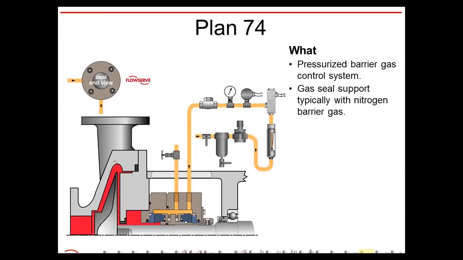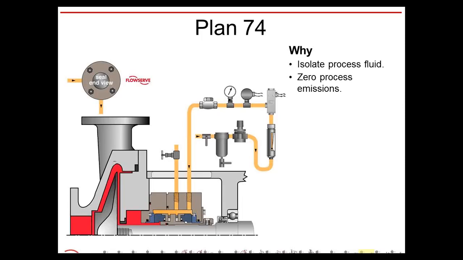It's a pressurized system, so you're always pushing gas into the pump, at very, very low rates, but you are pushing gas in there, again typically nitrogen. One of the big advantages of nitrogen systems is that it's a zero emission seal. Very clean, very simple, and you isolate the process fluid from the outside world.